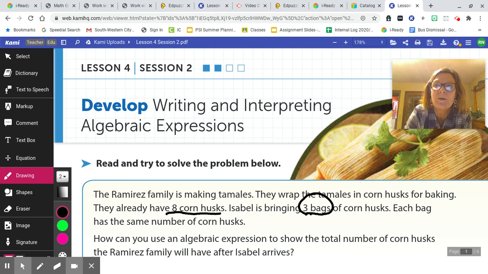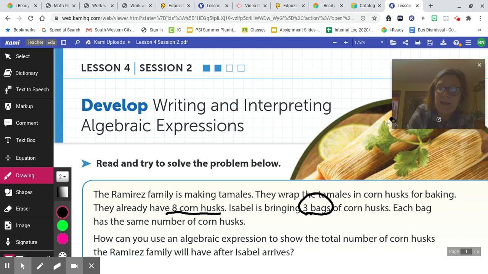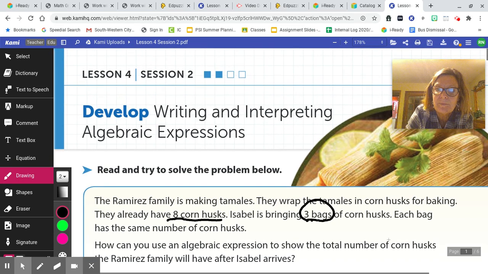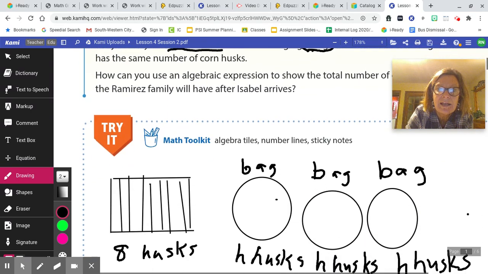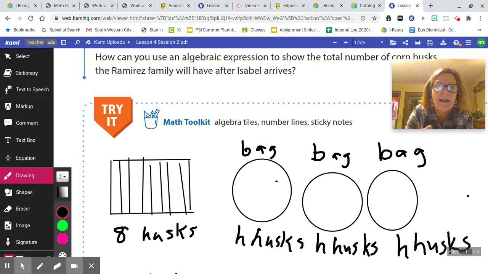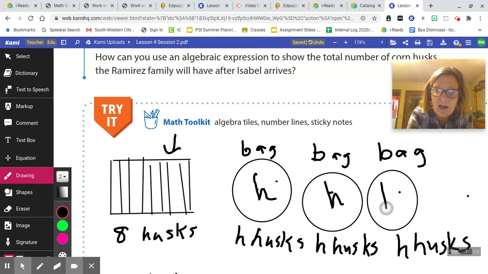Here is one way you could have expressed that. You could have modeled it as a picture. And I have my 8 husks right here. So we know that. We know there's 8. And then I've got 1, 2, 3 bags. Do I know how many are in each of those? No, I'm just going to use the letter H to represent husks.